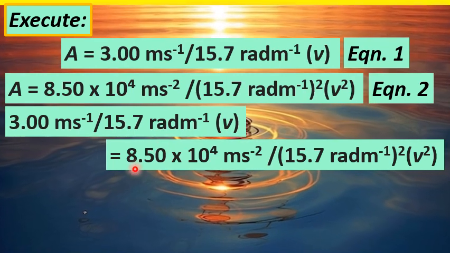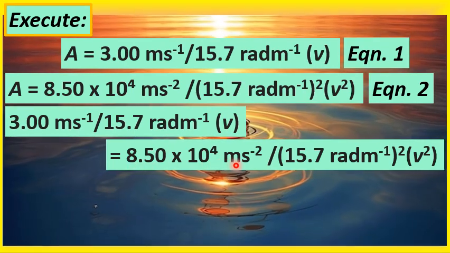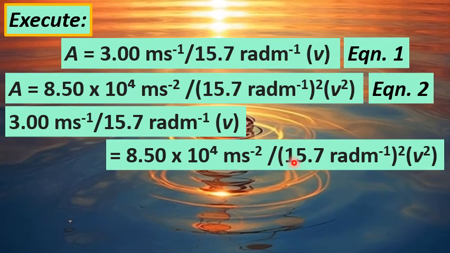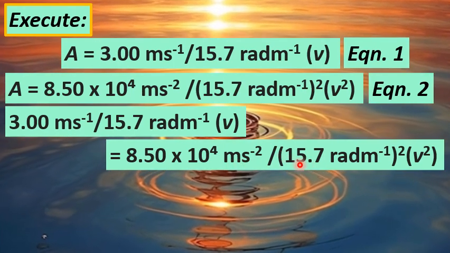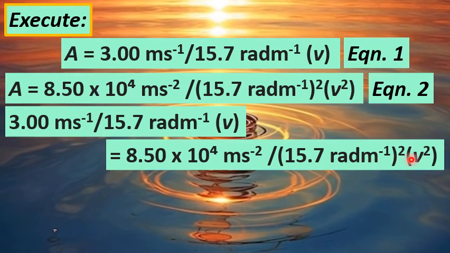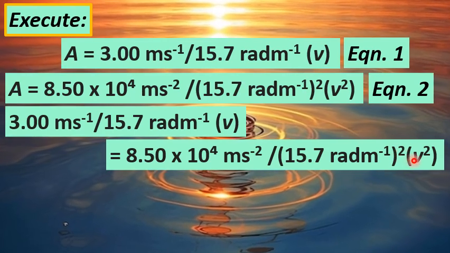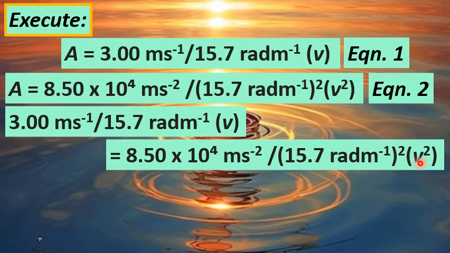That's equated to equation number 2, 8.50 times 10 to the 4th meters per second squared divided by the square of 15.7 radians per meter, multiplied by the square of the unknown variable v.